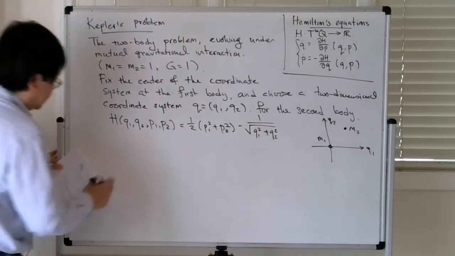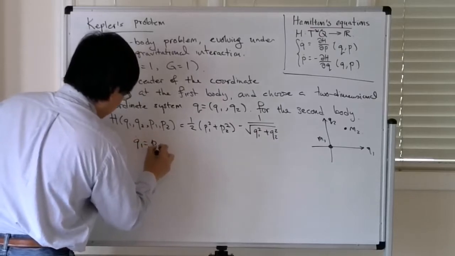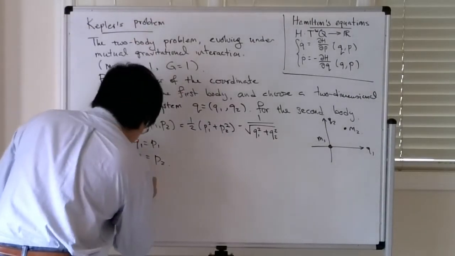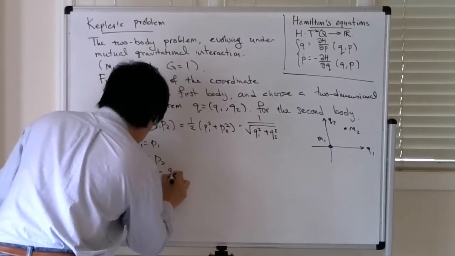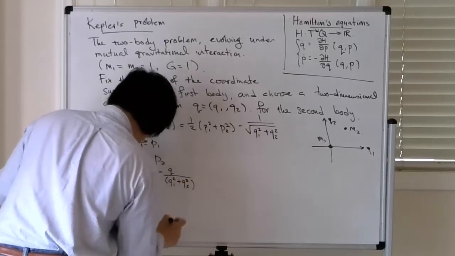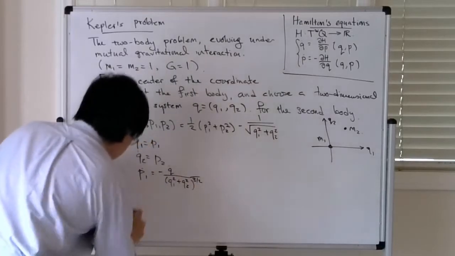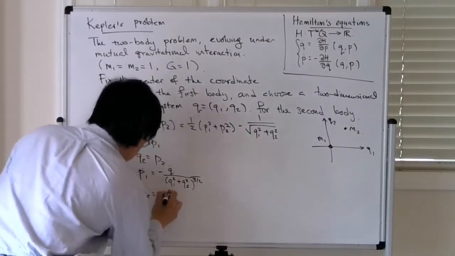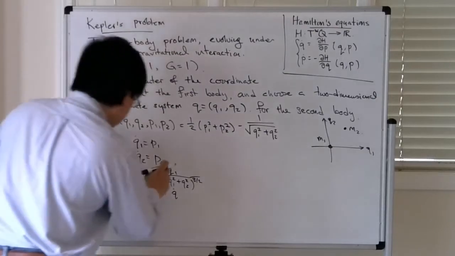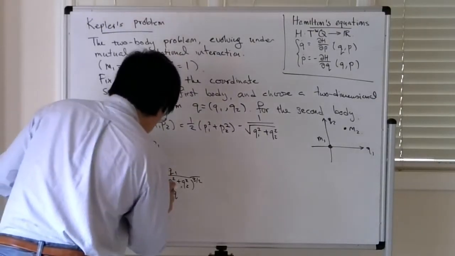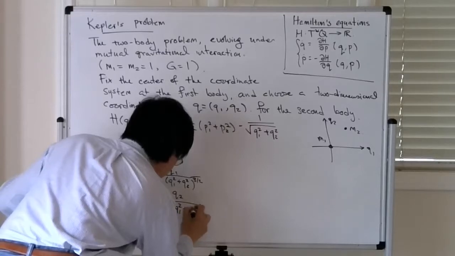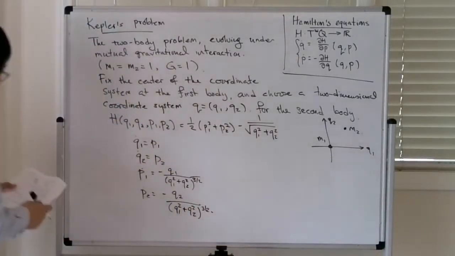And what you get is that Q1 dot is equal to P1, Q2 dot is equal to P2, and then P1 dot is equal to minus Q1 over (Q1 squared plus Q2 squared) to the 3 over 2 power, and then P2 dot is equal to, sorry, minus Q1, okay, minus Q2 over (Q1 squared plus Q2 squared) to the 3 over 2 power as before. Okay.